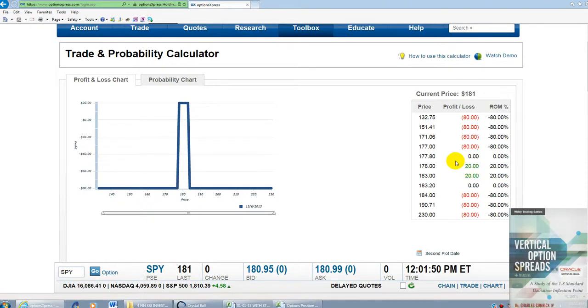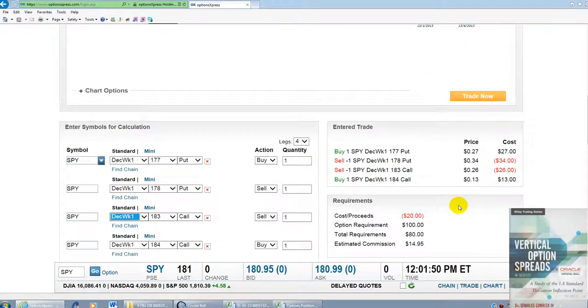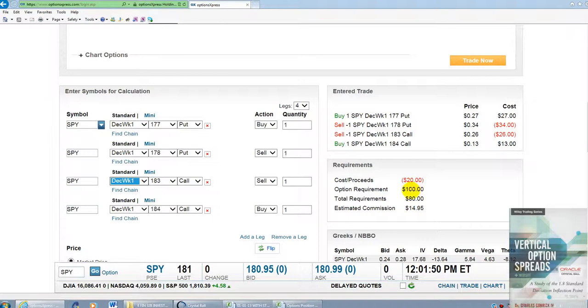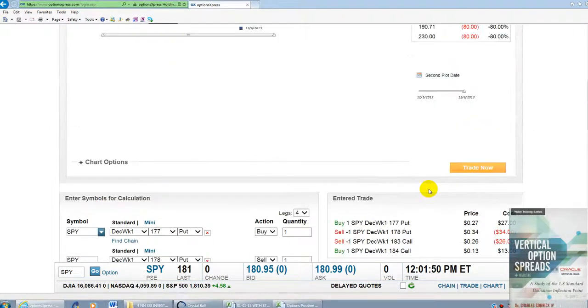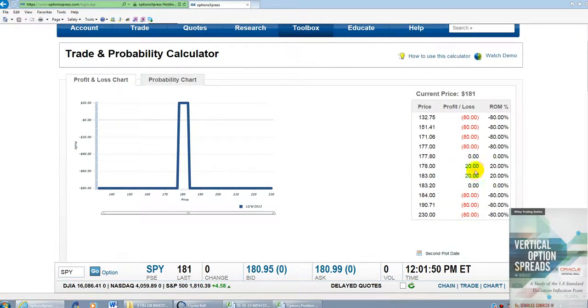Nevertheless, we're dealing with one option. But the most that I can lose is $80. So in effect, I'm putting $80 at risk out of $100, because it'll tell you down here, you're going to need $100 in margin to make this trade. But you stand to gain $20.